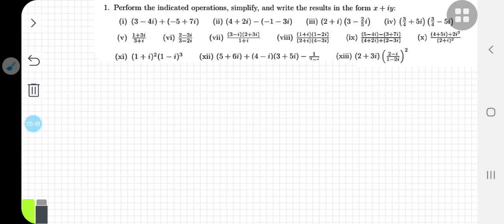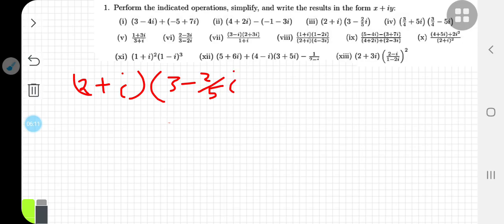So the third part is telling us to express 2 plus i multiplied with 3 minus 2 over 5i.